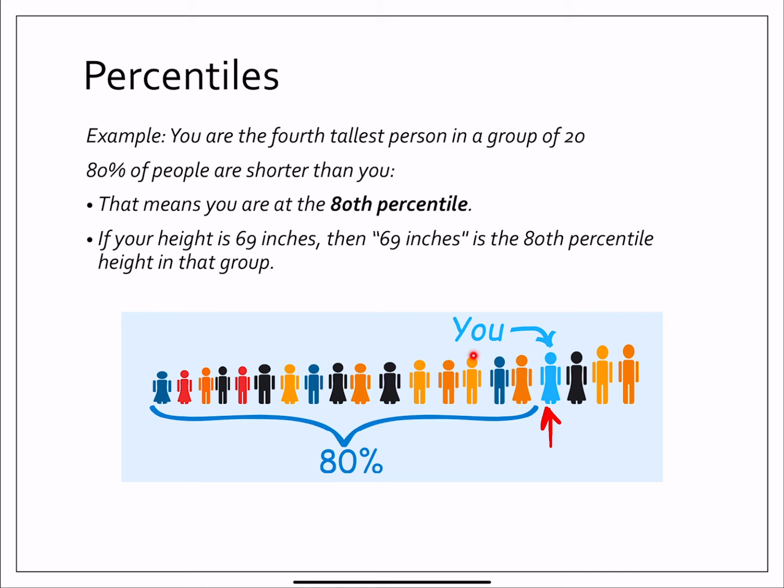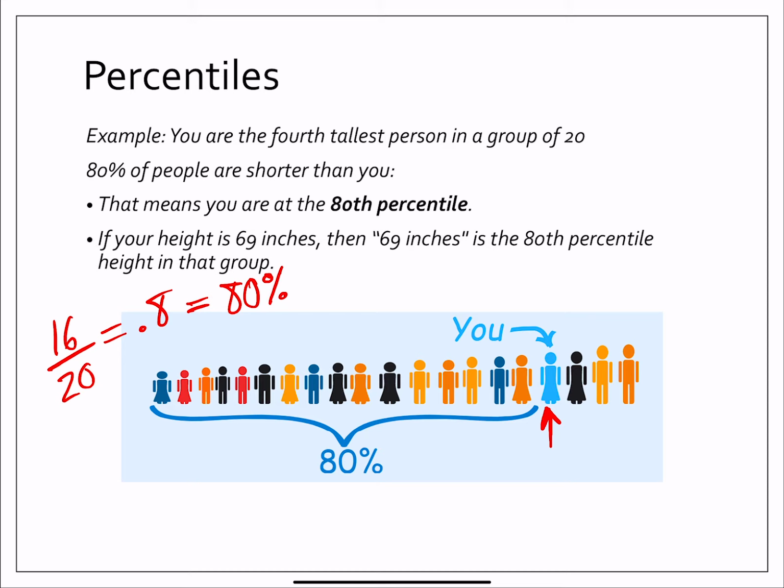So what percent of all the people are shorter than you? These 16 people out of the 20 altogether are shorter than you. So 16 over 20 is how many people are shorter than you, which equals 0.8, and as a percent, that is 80%. So we are in the 80th percentile, or in other words, 80% of the people in the line are shorter than us.